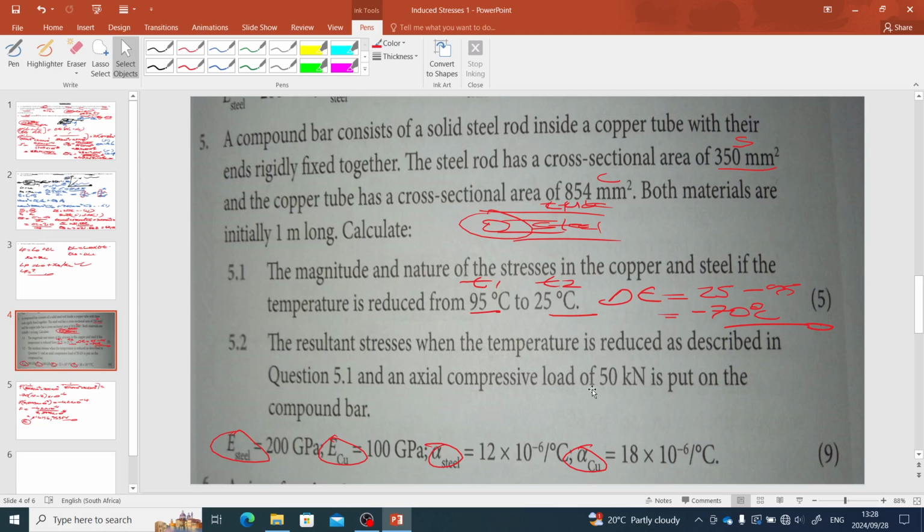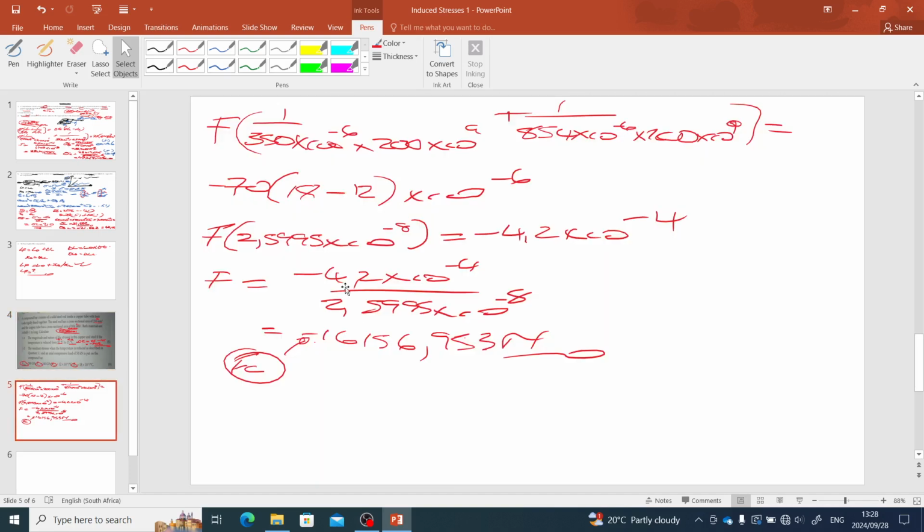That means the force under the inducement there is not the tensile, but compressive. Now the force here under the change in temperature is the compressive force. We can then calculate the stresses.